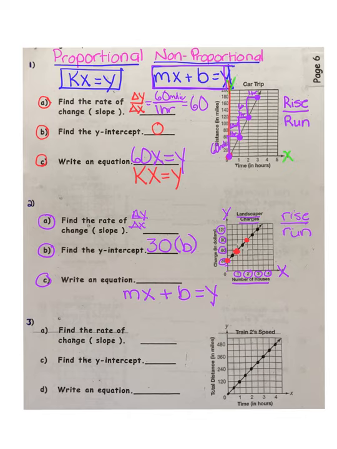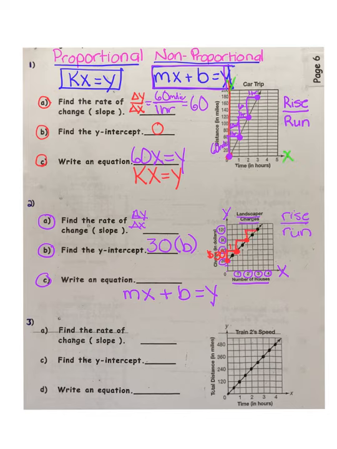Placing your pencil point on 30, rise from 30 up to 60, which means an increase of $30. And as we run 2 blocks to the right, that represents 1 house. And if you do it again, going from 60 to 90, rise 30, run 1 house, which is of course 2 blocks, but it represents 1 house.